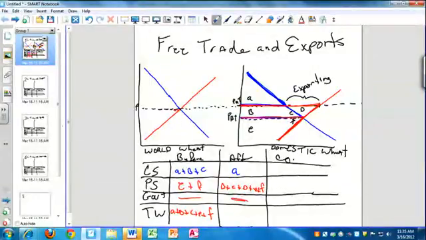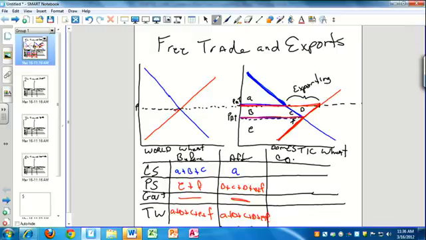No. Total welfare now, add it up again. A plus B plus C plus D plus E plus F. What's the difference? The only difference is D right now. Total welfare is actually better off, isn't it?